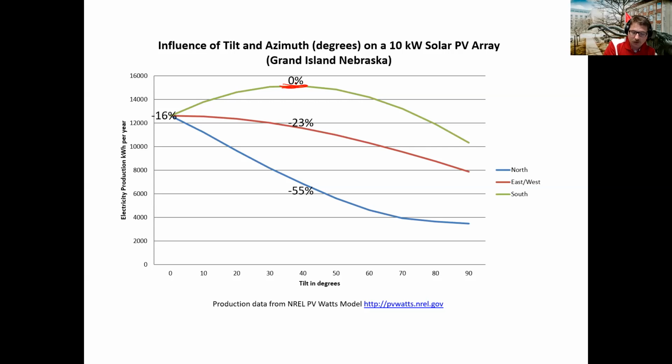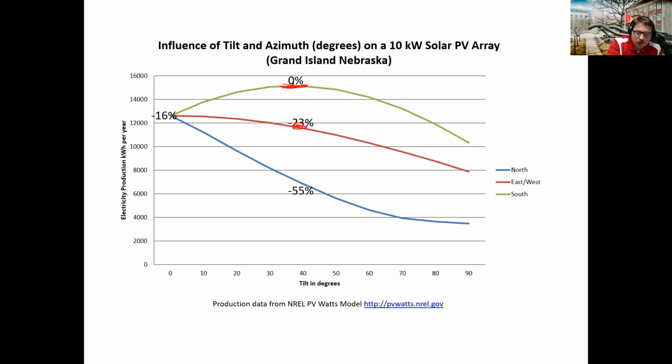If I face east or west, I lose 23% of my production at that same tilt angle. And God forbid I face it north, because then it doesn't do as well; it only really gets sun in the middle of the summer. It doesn't get sun the rest of the time. So flat would be better than facing it north.